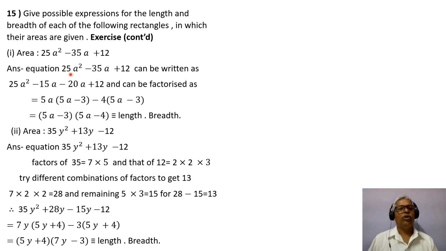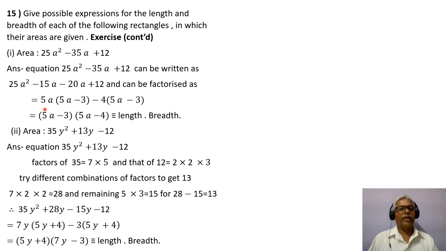Answer: the expression 25a square minus 35a plus 12 can be written with minus 35a split as minus 15a minus 20a, so 35 is minus 15 minus 20, and plus 12. After enough practice, you will come to know why this should be split like this.